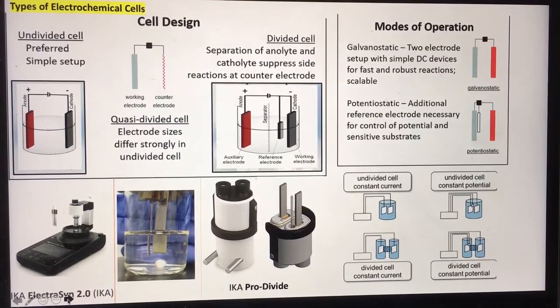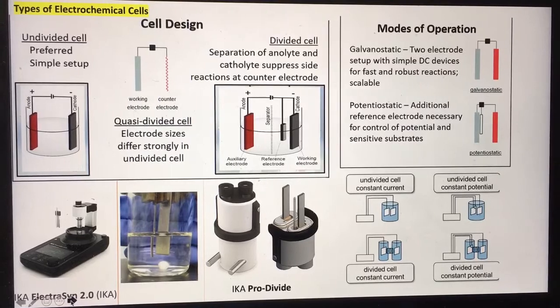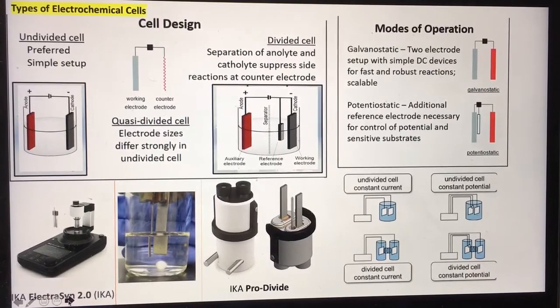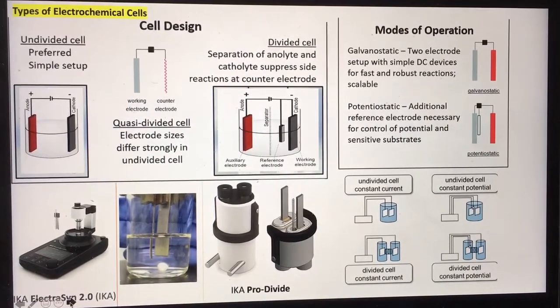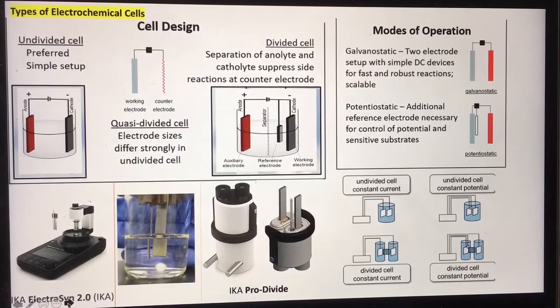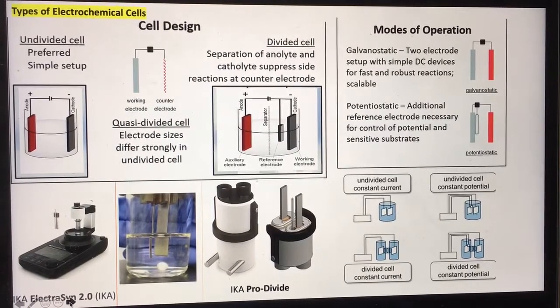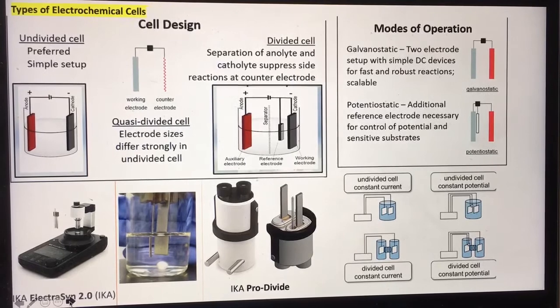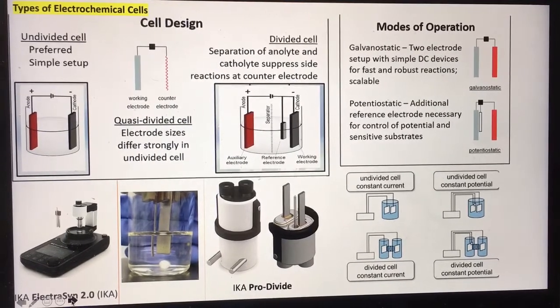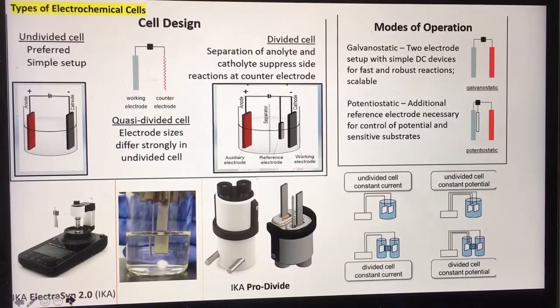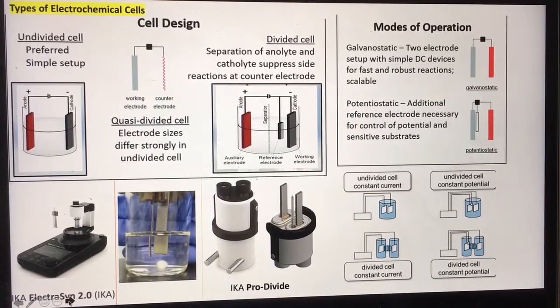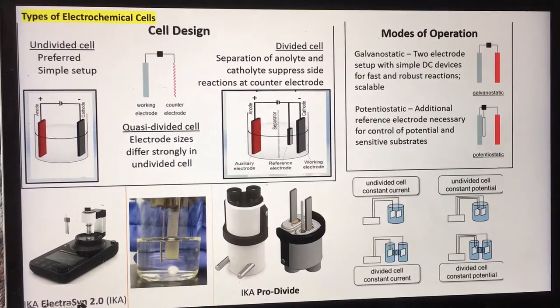Two types of modes of operation are used in electrochemical reactions. Electrochemical reactions can be executed at a constant cell current, known as galvanostatic, or a constant voltage, or potentiostatic.